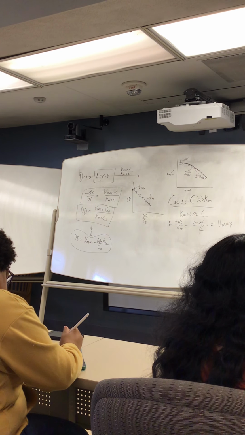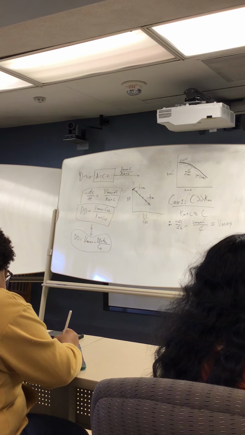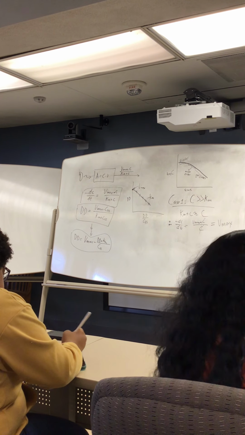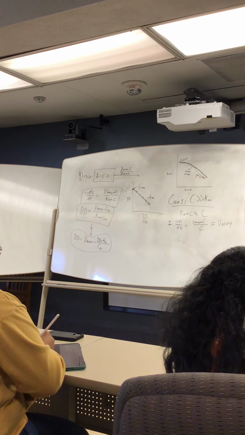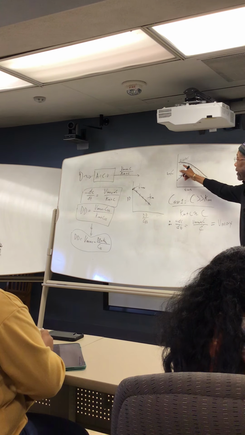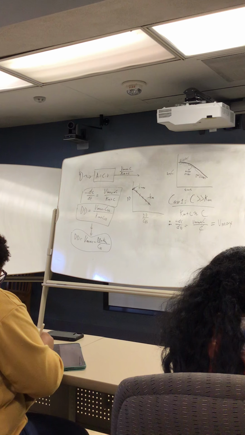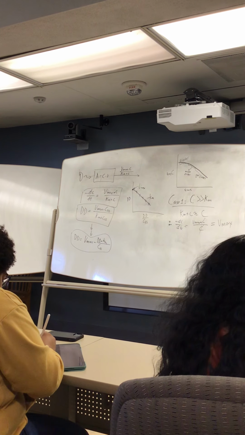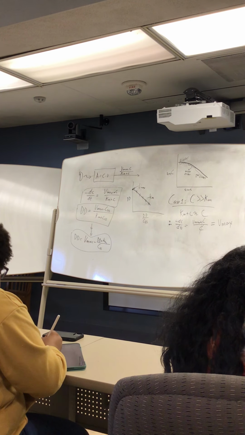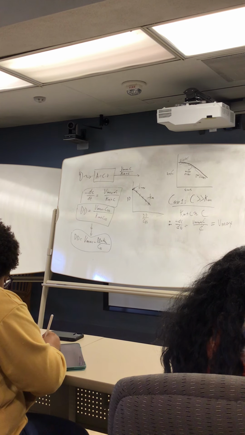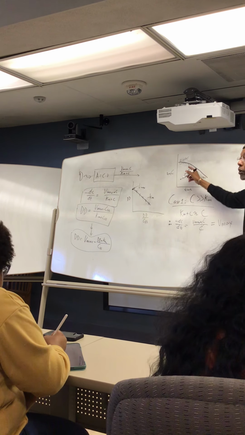Zero order fashion just means I'm eliminating the same amount per unit time. So if the body's eliminating 10 milligrams per hour, as long as it's in this region up here, then it would be eliminating 10 milligrams per hour. The first hour I eliminated 10 milligrams, the second hour I eliminated 10 more, that's 20 milligrams total. The third hour I eliminated 10 milligrams, as long as it's in that zero order region.